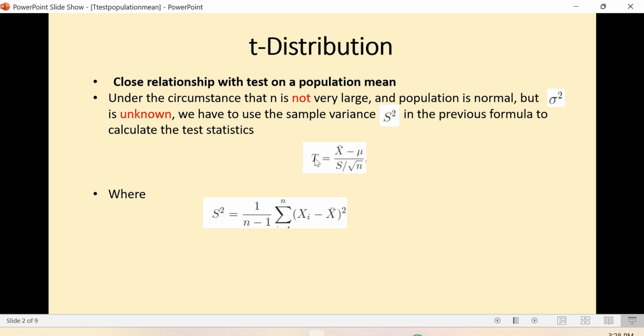This statistic follows a t-distribution with n minus 1 degrees of freedom if the null hypothesis of this mean value is correct. And this is the calculation of the sample variance, so we take a square root to get the sample standard error.